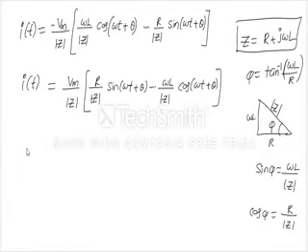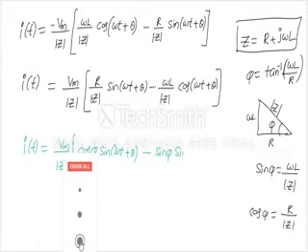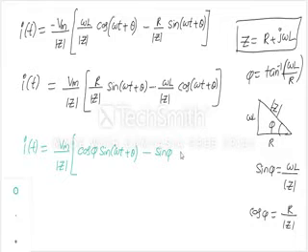So from this, get them here. I of t is equal to Vm by mod Z into, you can see, R by mod Z, can I call it cos phi here? Cos phi into sin of omega t plus theta minus omega L by mod Z, so this is sin phi, into cos of omega t plus theta.